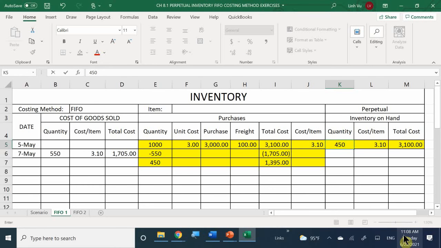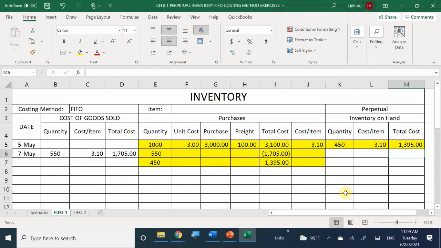And if 450 units are left, costing $3.10, it should give me $1,395 left in my total cost. Here I just plugged in my formula, multiplying my quantity times my cost per item. My quantity is the number that I'm going to be constantly changing to constantly update my inventory.